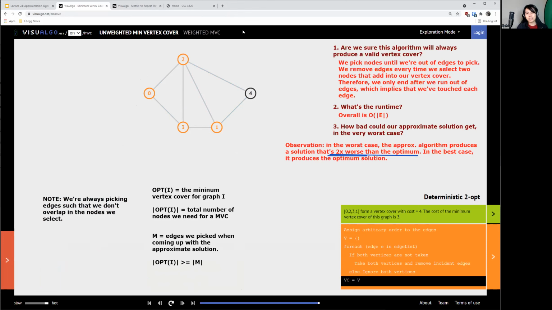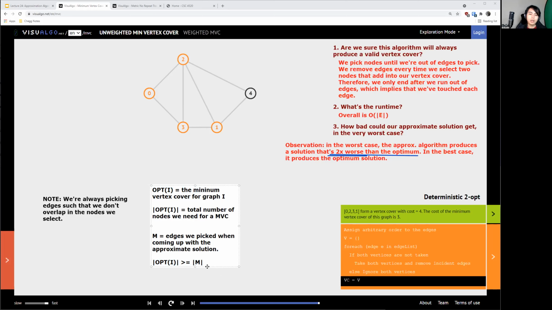And if you think about it carefully, that means the number of edges we pick will always be less than or equal to the number of nodes we have in the minimum vertex cover for graph I. All right. It's not obvious why. You're going to have to think about it carefully. I'll post some video or paper for you to read if you're super curious and dying to know. But for now, let's just assume that this is true.